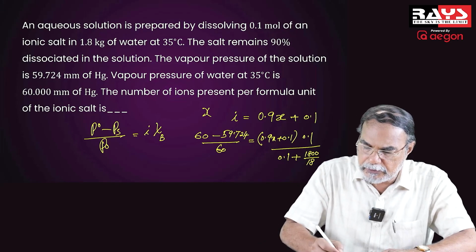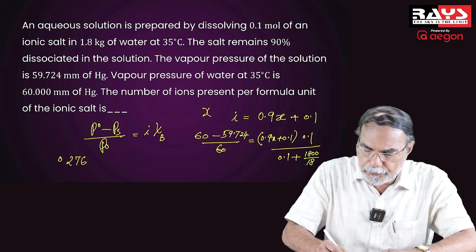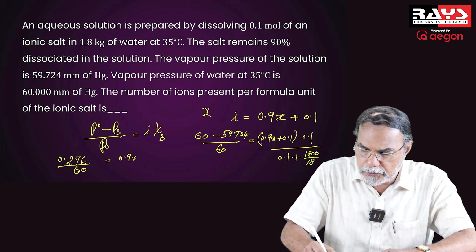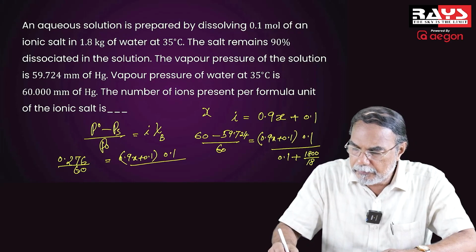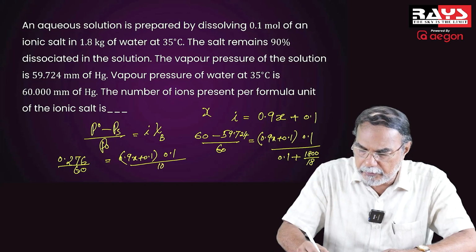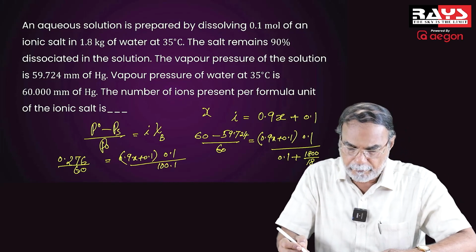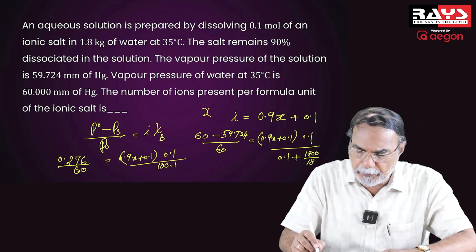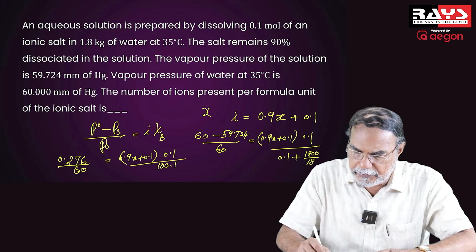So when you subtract this, you get 0.276 by 60 is equal to 0.9x plus 0.1 multiplied by 0.1 divided by 100.1. Okay? Approximately, 100.1 can be taken as 100 itself.